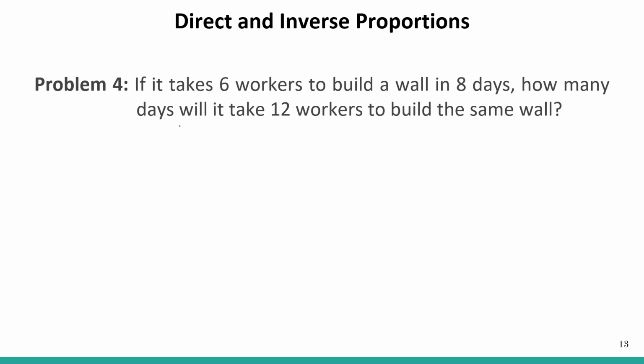If it takes 6 workers to build a wall in 8 days, so you have 6 workers here and they take 8 days to build a wall, how long will it take 12 workers to build the same wall? By method 1, we can use the work time formula, that is 6 into 8 is equal to x into 12, right?